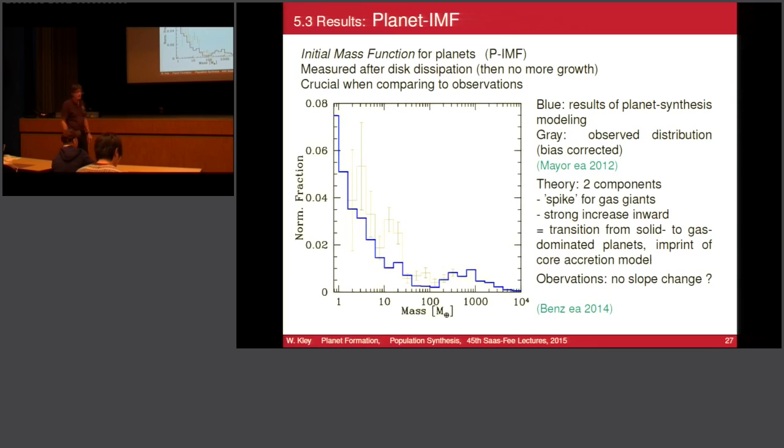Okay, so you have some expectation here for this. So this could be in some way showing you something about the formation scenario of planets. Okay, and this is reasonably well, I think, here fitted. And the reason for this, as I said, for this valley is core accretion model. I don't know whether I wrote it down here. Imprint of core accretion model. Okay.